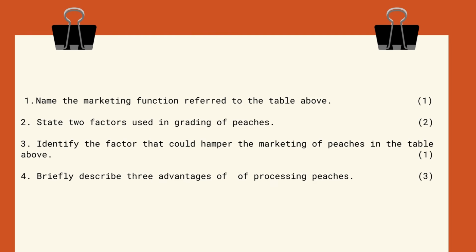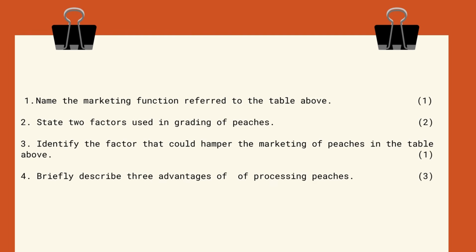The third question, identify the factor that could hamper marketing of peaches in the table above. The last question, briefly describe 3 advantages of processing of these peaches. Okay, I hope you have noted that down.